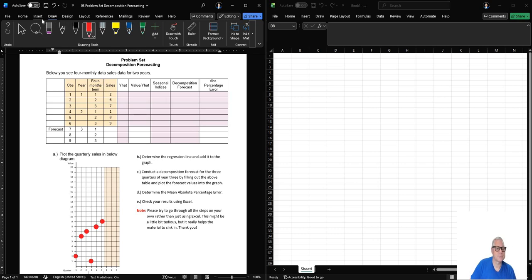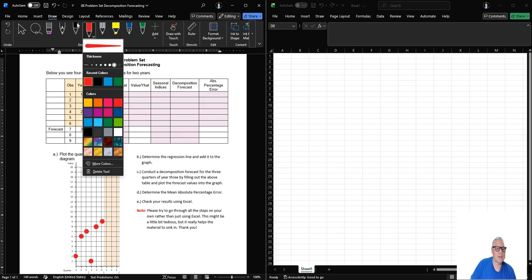What would that look like? Let's first connect the dots maybe.